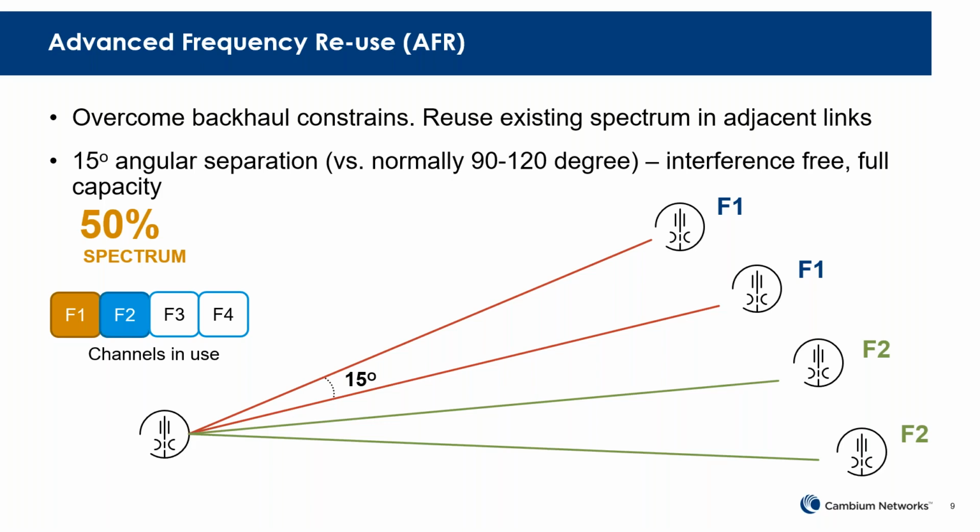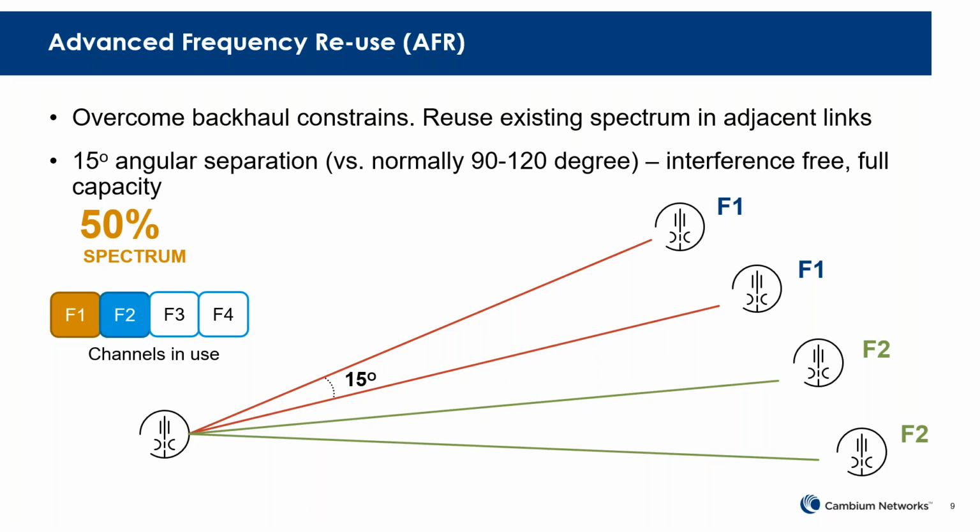If you want to achieve full capacity using the same frequency, usually you will need a 90 to 120 degree separation for interference-free and full capacity. But with AFR, you only need 15 degrees or more. So with this feature, you can add more sites in a small area with very low angular separation.